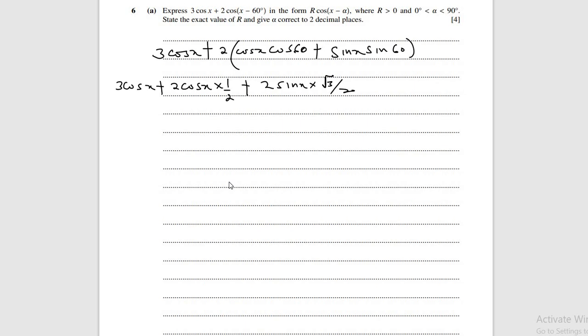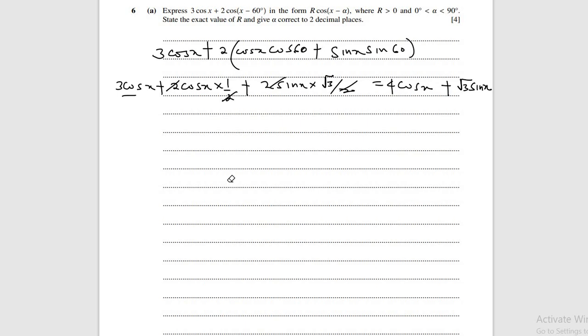At the end of the day, 2 cancel 2 here, 2 cancel 2 here. So 3 cos x plus cos x. At the end of the day, we have 4 cos x plus root 3 sin x.